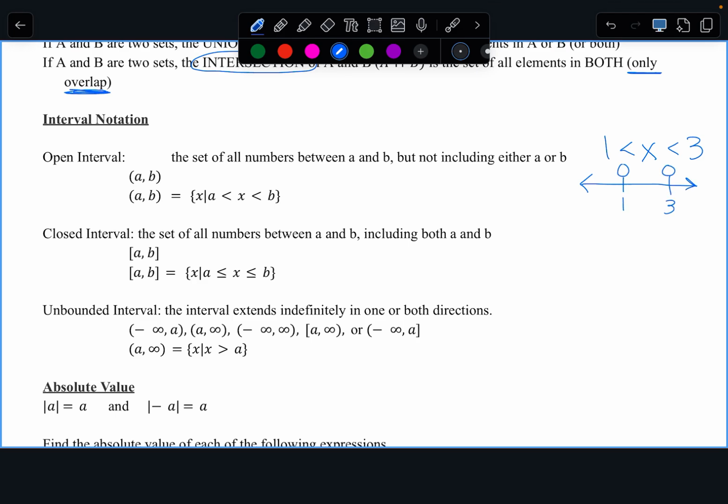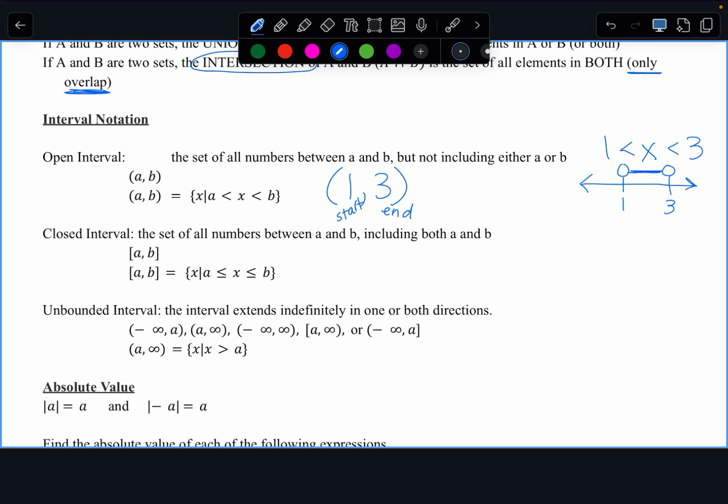They're open because it is not allowed to equal, but it's every little thing in between. I can write that in interval notation by saying (1, 3). It's saying this is where it starts, this is where it ends, and it does not include either of those numbers because it's a parenthesis.